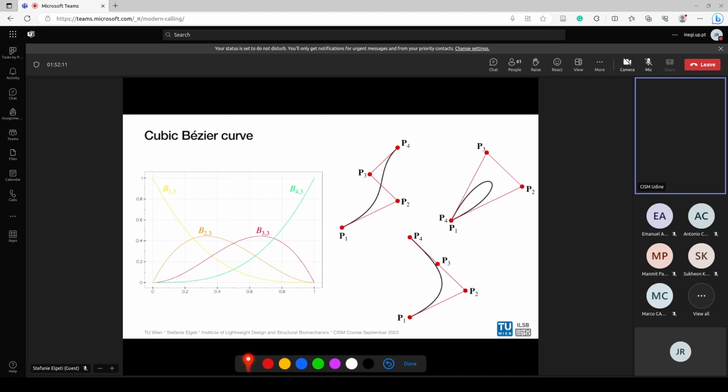And then here at psi is equal to 1, the green one is 1, and everything else is 0. And this is why the first and the last control point are actually interpolated, because only the first control point plays a role for the shape of the curve due to the property of the basis function here.